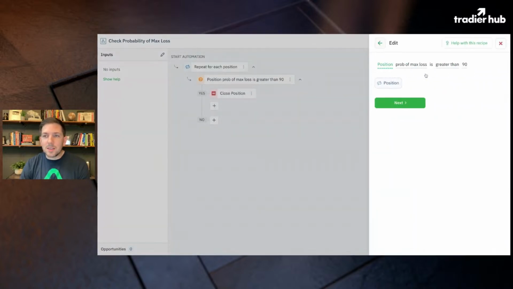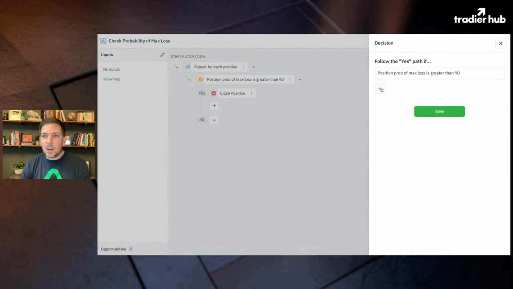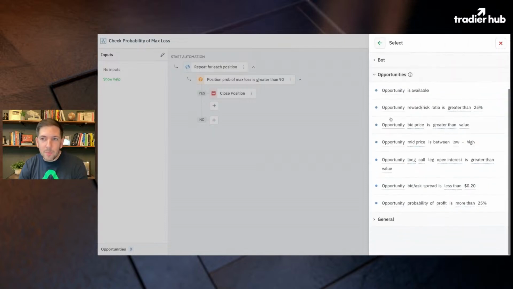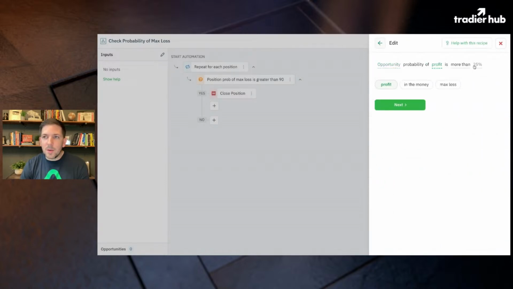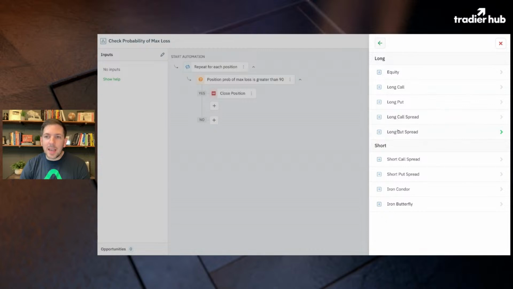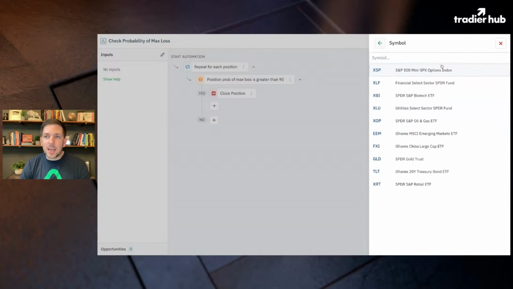You can also check things heading into positions. As you start to look at new opportunities, which is what we call potential trades, you can say, okay, is the opportunity's probability of profit greater than some number like 70%? Only get into trades that are like that, or greater than 60%. You can use bots and automations to analyze potential positions that you want to get into.